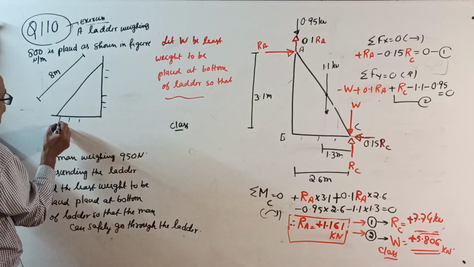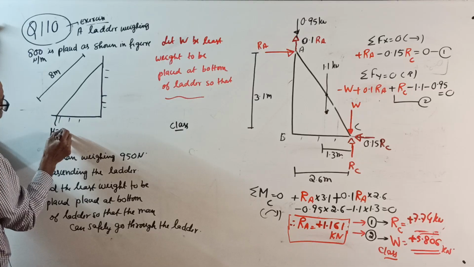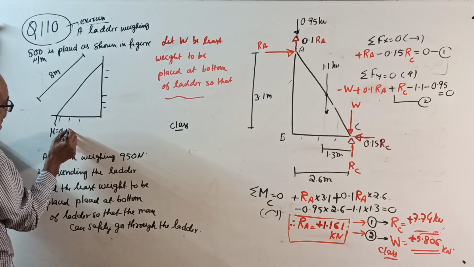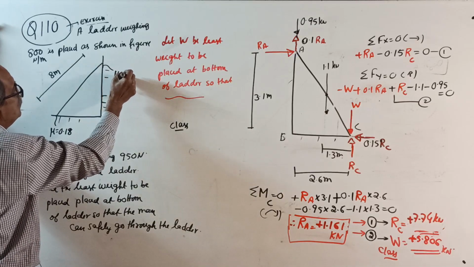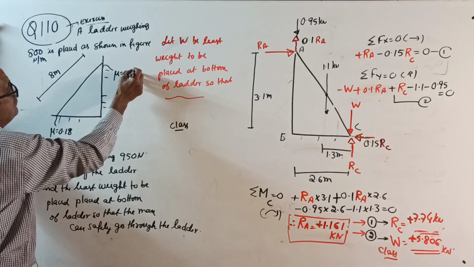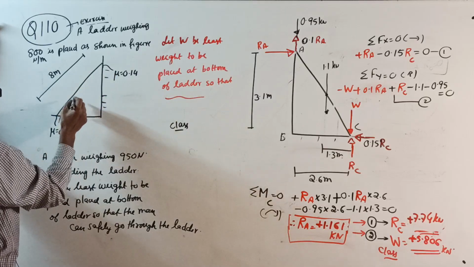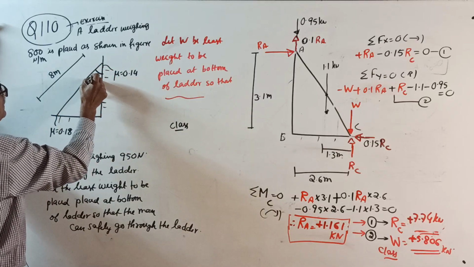ABCD I am not giving. Now, for the bottom surface, mu equal to 0.15; here I will give mu equal to 0.14. Then I will give this angle, a little steep angle, 40 degrees.